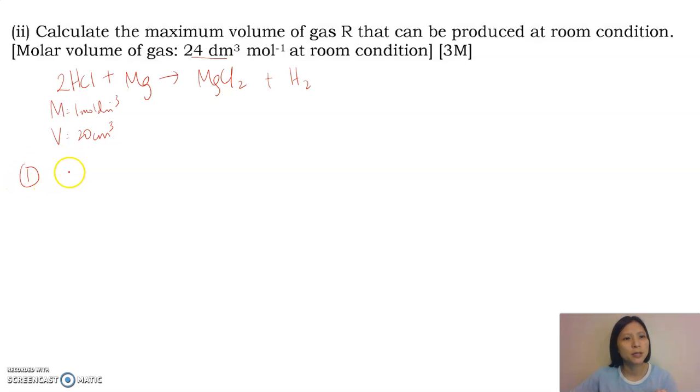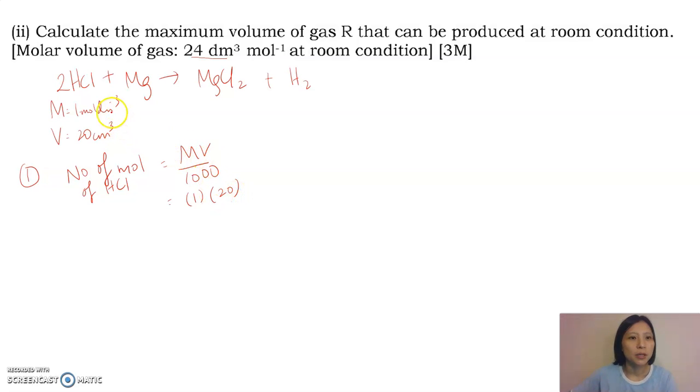Okay, 3 steps. First one, number of moles from the information that you have from the question. There are a few ways to find number of moles. You can use the triangle formula, or in this case, you can use MV over 1000. So number of mole of HCl: M, molarity, is 1. V is 20.